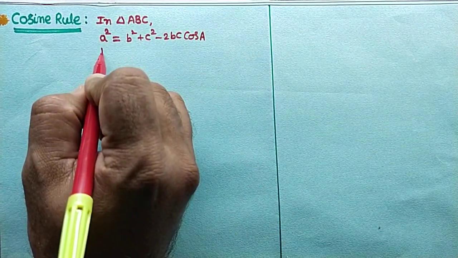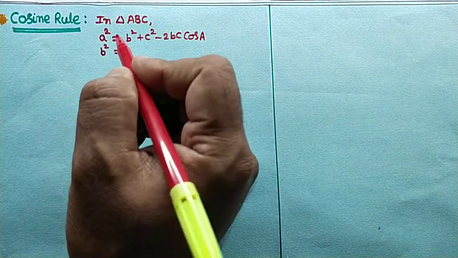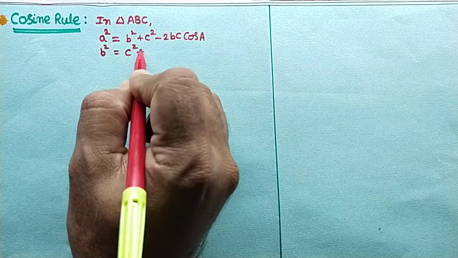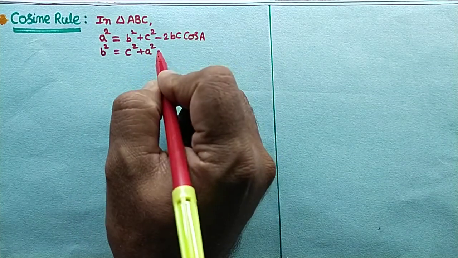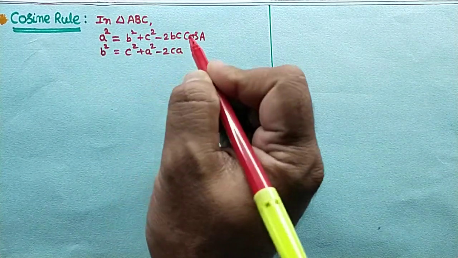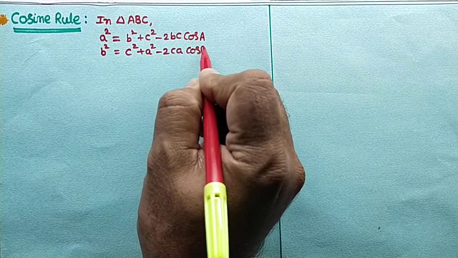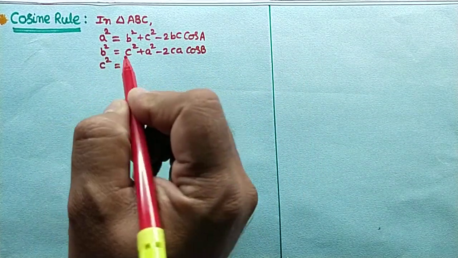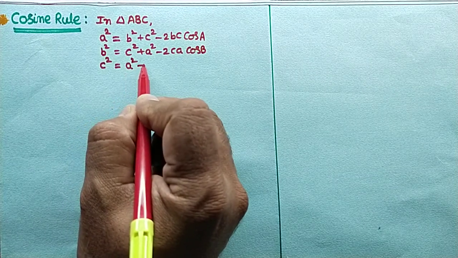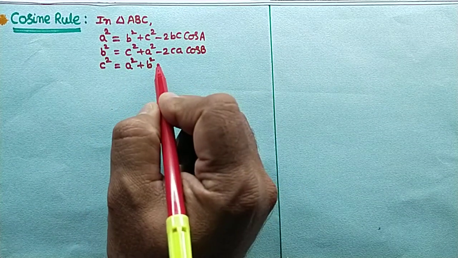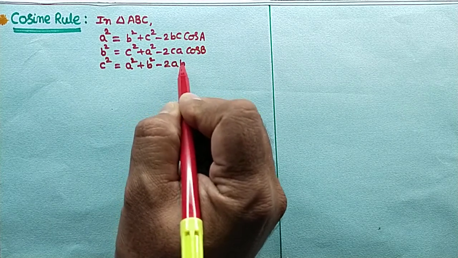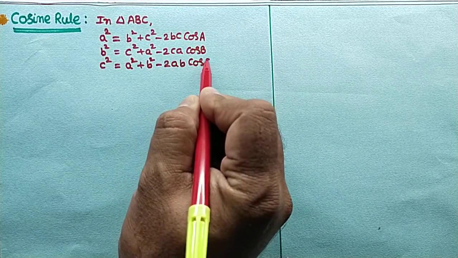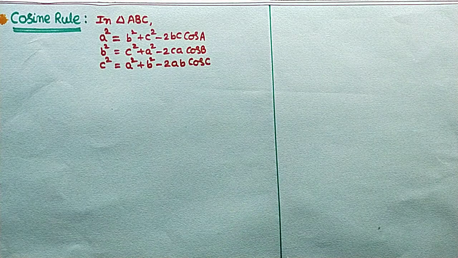Similarly, b square equal to c square plus a square minus 2ca cos B. c square equal to a square plus b square minus 2ab cos C. This is the statement of cosine rule.